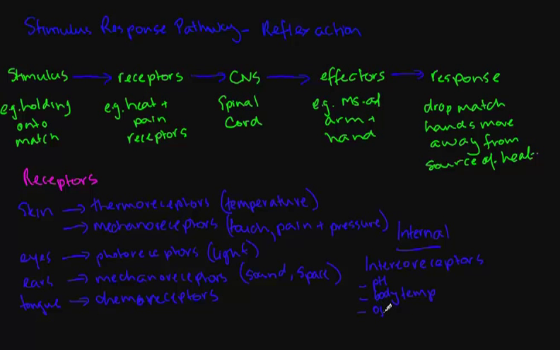Osmotic pressure. Pressure gradients of water and ions and salts. And chemical composition. The chemical composition of the blood. So we call these interoceptors, a little bit different from external receptors in the skin, eyes, and our senses.